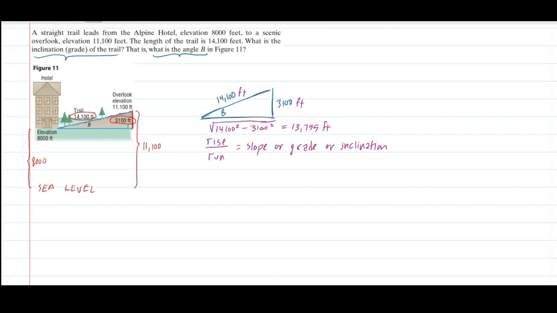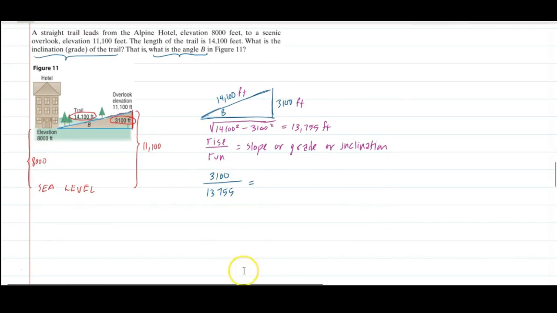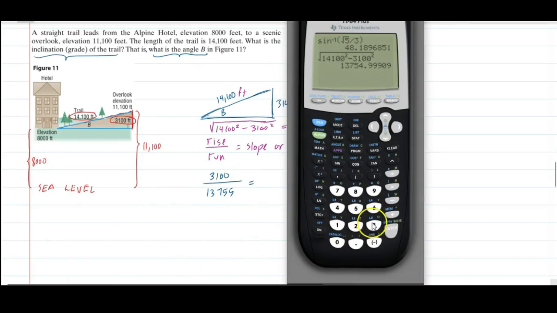All right. So when you are asked for the grade of the trail is you take how much you rise, 3,100, and you divide it by how much you run, which is 13,755, and just divide out those two. Whatever you get when you do something like that is the answer to the inclination part of it. All right, so don't mind trying this.